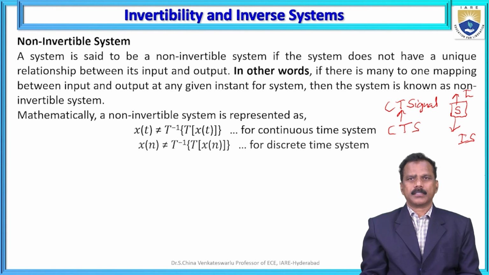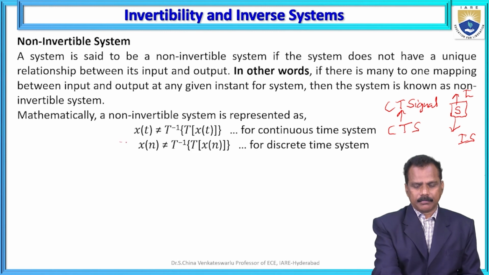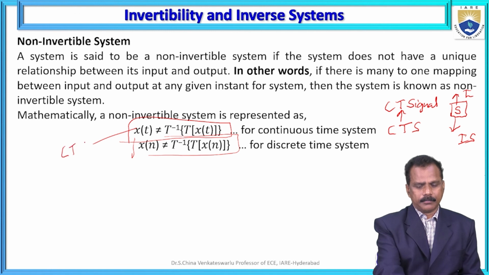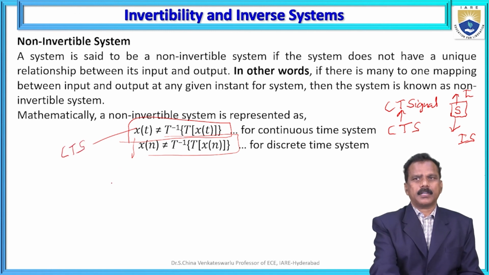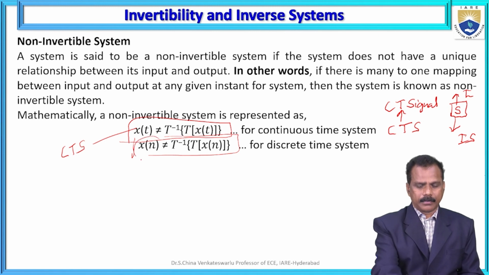Where x of n not equal to T inverse of T of x of n for a discrete time system. Compare this one and this one. Which one is the deciding factor? Where x of t not equal to T inverse of T of x of t for a continuous time system. Coming to the discrete time system, x of n not equal to T inverse of T of x of n.